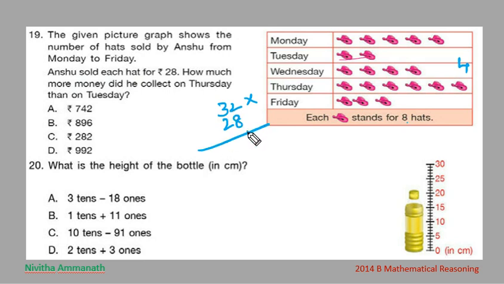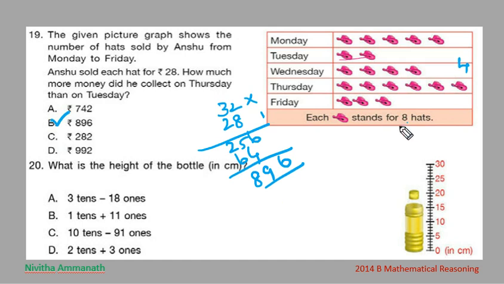So 2 8s are 16, 6, 1. 3 8s are 24 plus 1, 25. Then 2 2s are 4. 2 3s are 6. 6, 9, 8. 896.